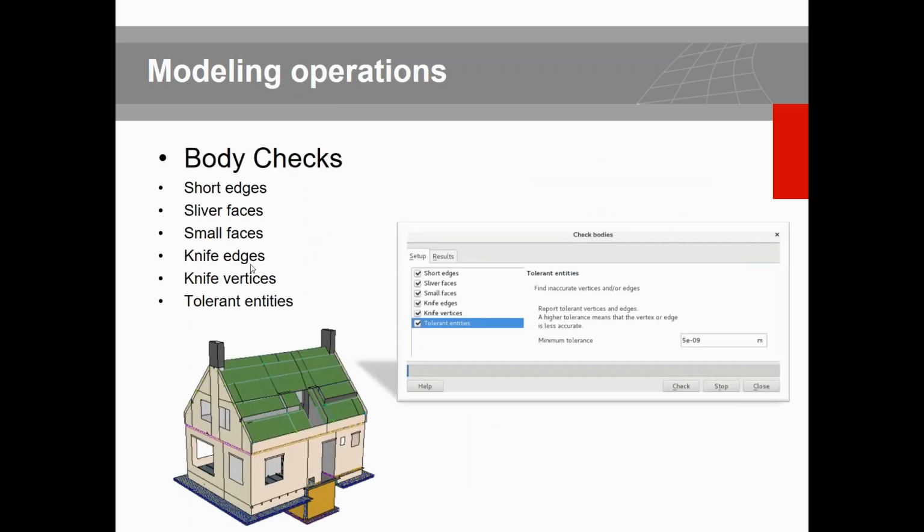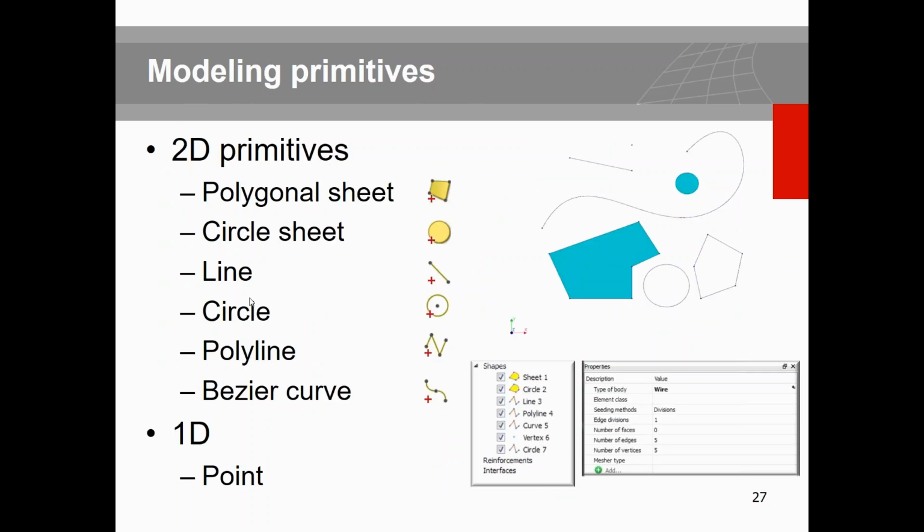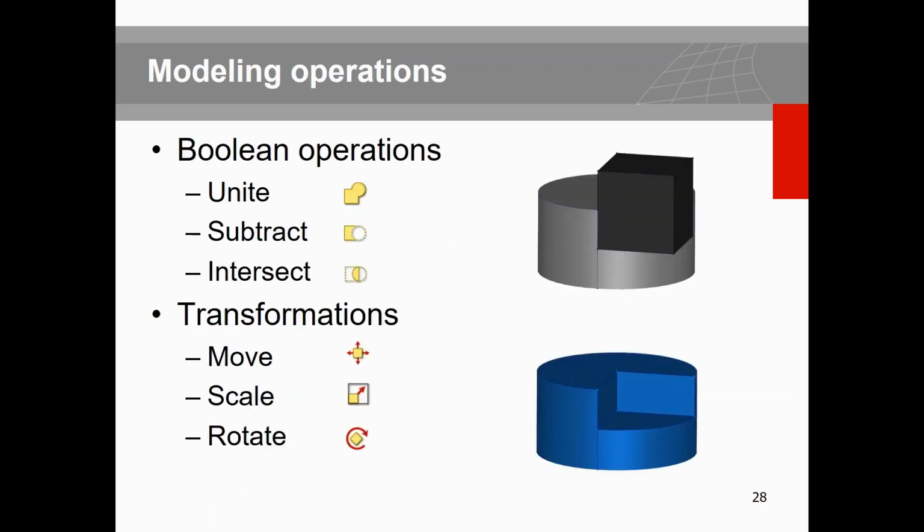That's a very good and powerful tool in Dana. Or you may have a strategy to create your geometry and model in Dana based on the primitive features that we have for creating 3D models, 2D, 1D, line, or point. These are all the generic modeling tools that help you create your model.